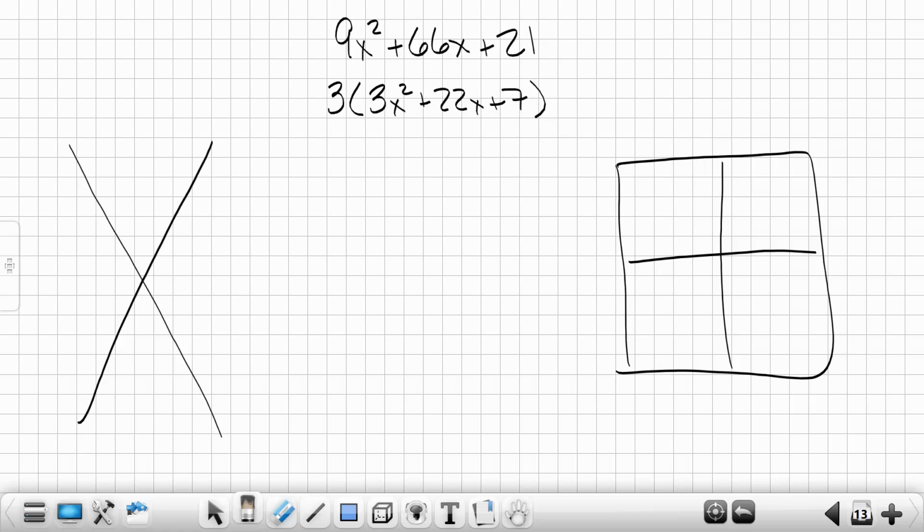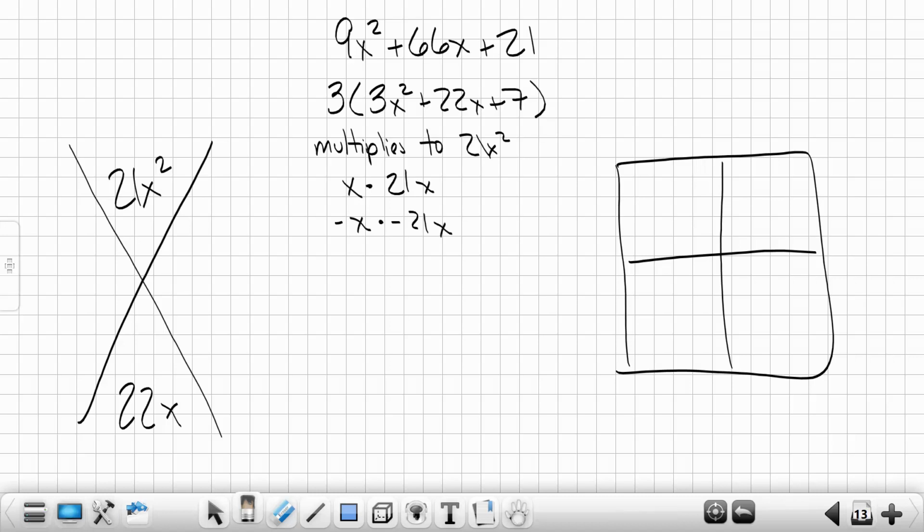So your top one will be 3x squared times 7. So 21x. Yeah. No. 3 and 7.